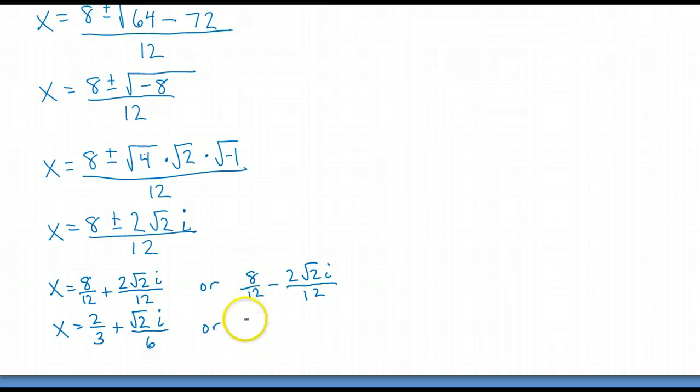Or 8 divided by 12 is 2/3 minus 2 divided by 12 is 1/6, the square root of 2i divided by 6.